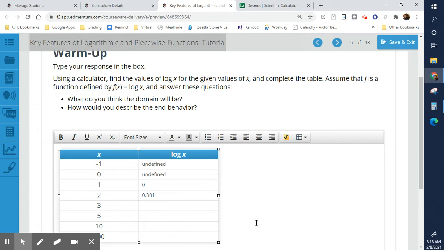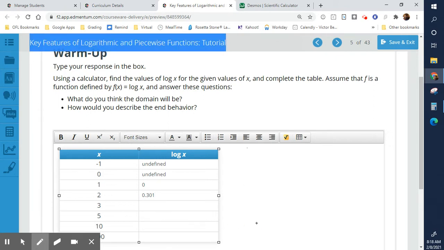There's no real reason why it equals that because remember, log is log base 10. So if we do 10 to some power, how do we get 2? Well, that's going to be 10 to 0.301. It's not even 10 times itself one time. It's 10 times some part of itself that is going to give us 2.